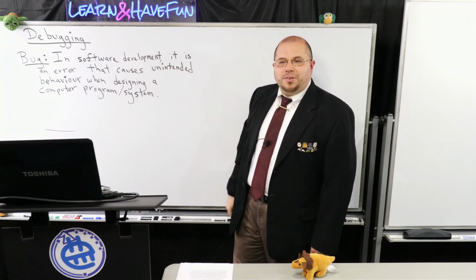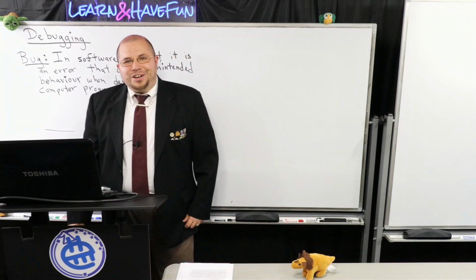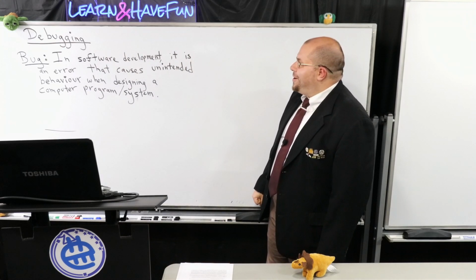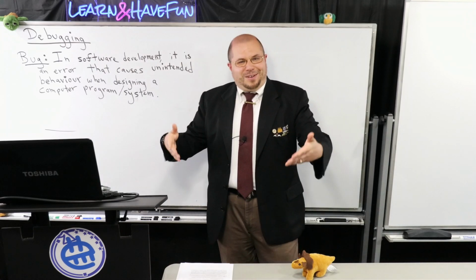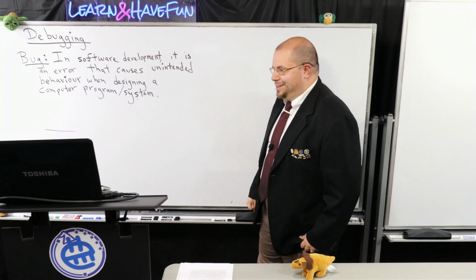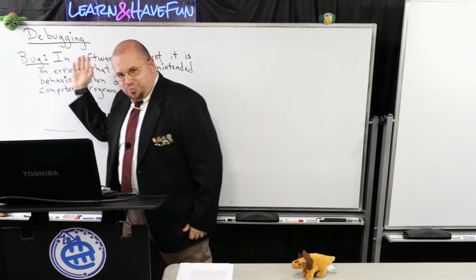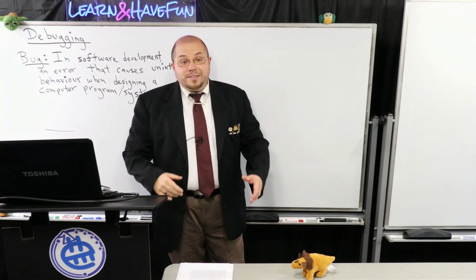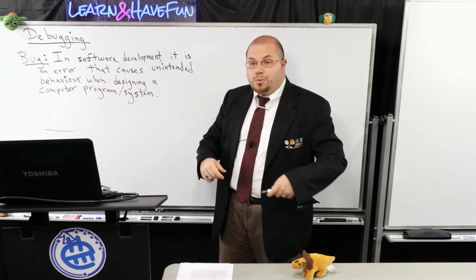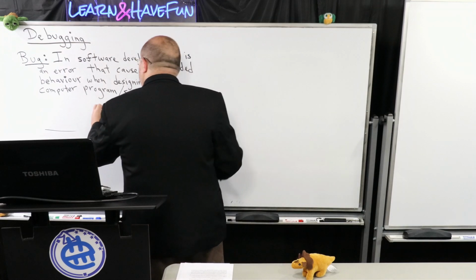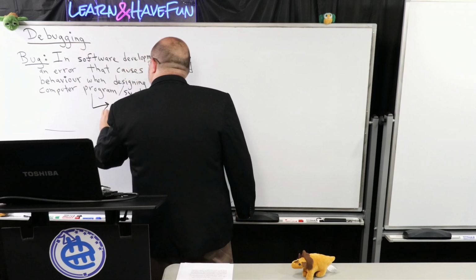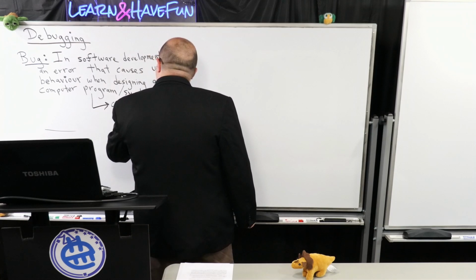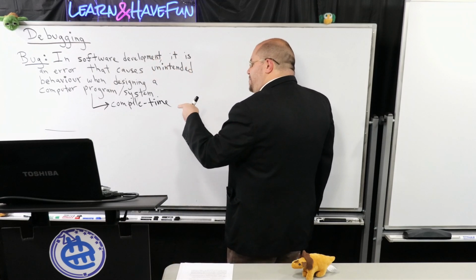Now, this term bug goes all the way back. It's a general engineering term that even goes back to Thomas Edison. You can find letters from Thomas Edison talking all about this stuff. But the point is, it's a broad term, but in computer programming, it's usually talking about unintended behavior. So this is a broad class of possible things that could go wrong. For example, during compilation or parsing, if we're talking about Python, so-called compile time, there's a possibility that a bug can occur.